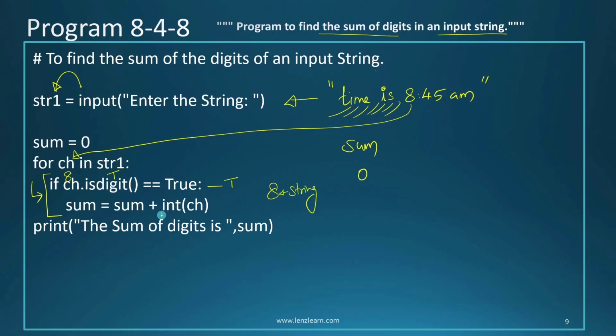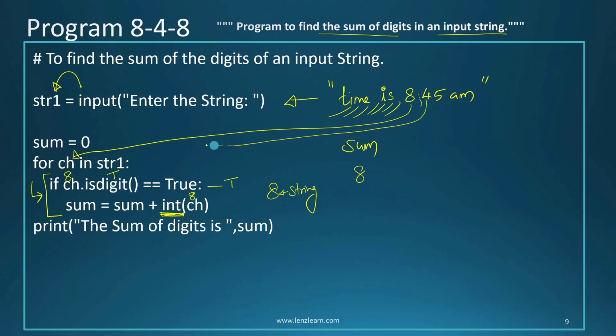That is why I am using this int function to convert the value of 8 from string to an integer, so that I can add it to the existing sum. So I will convert the character 8 into a number 8 using this int typecasting function. Then integer 8 is added to sum, so now sum has value 8. Next I have the colon. The colon will not be accepted because it is not a digit.